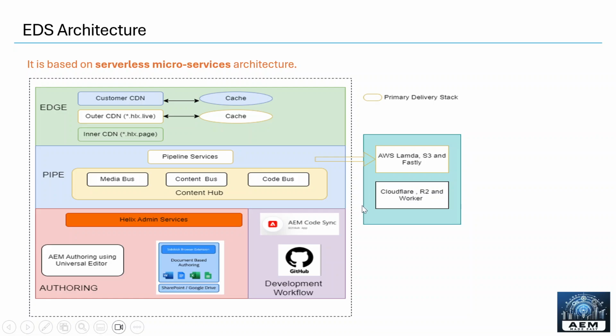The secondary one, called the Cloudflare delivery stack, uses Cloudflare CDN as the outer CDN, R2 as the content store, and Workers as the pipeline services. The reason for using two delivery stacks is to be fail-safe. Some time back there was an outage in Fastly, so in those scenarios there should be something to fall back on. That is why there are two delivery stacks.